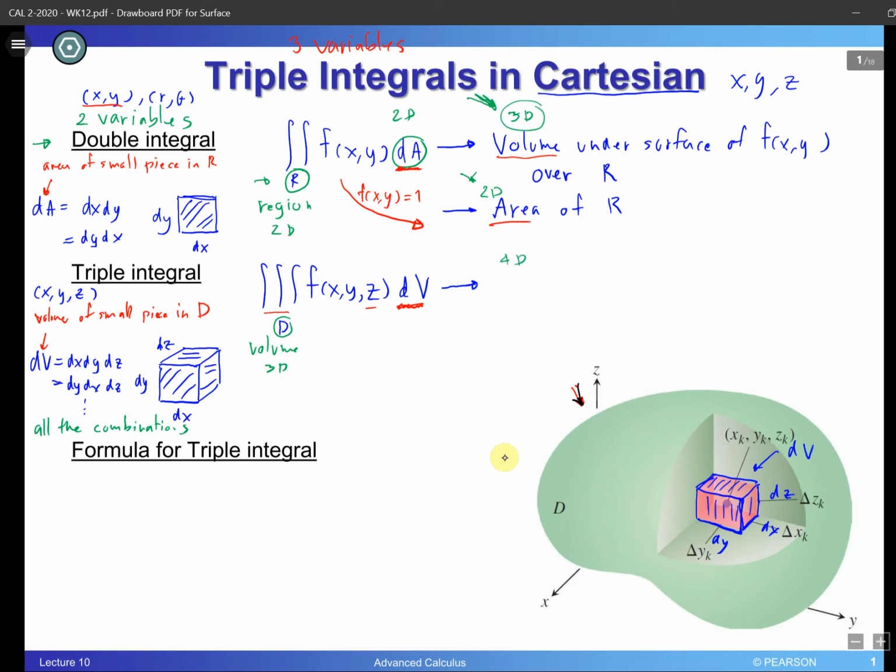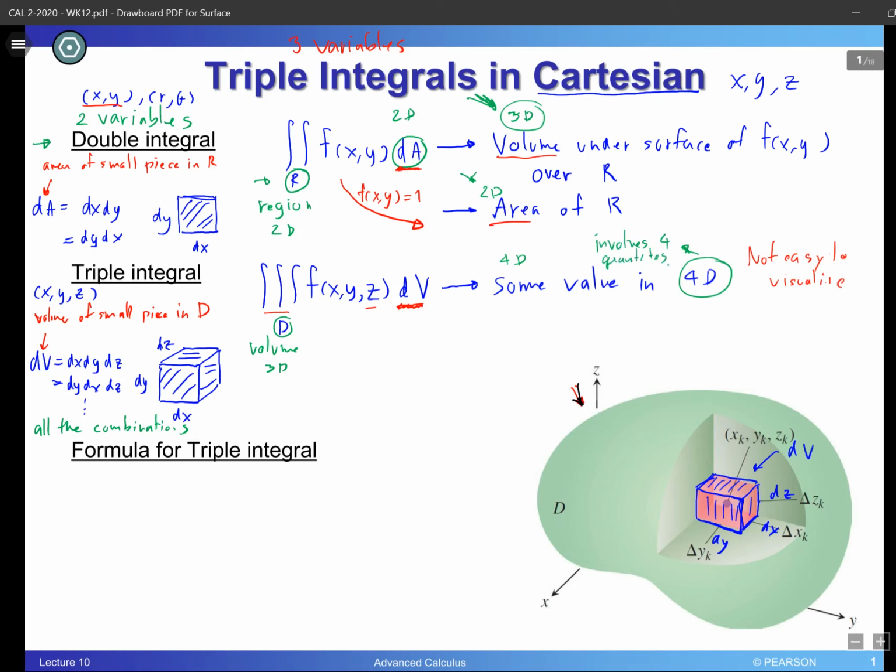This corresponds to some value in 4D. Of course, this is not easy to visualize. But when it comes to 4D, it's going to involve 4 quantities. So you can make a note that anything in 4D involves 4 quantities.